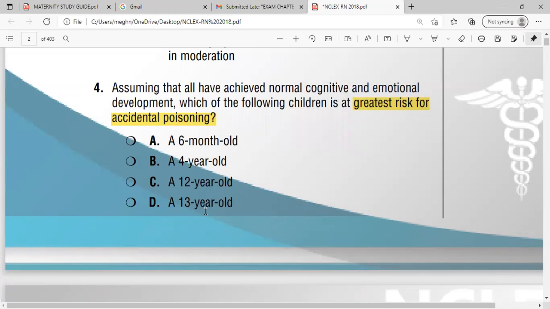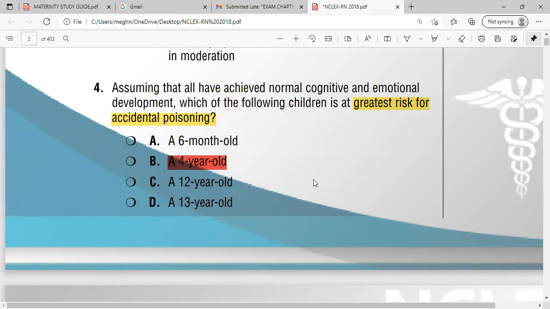Number A, a 6 month old. Number B, a 4 year old. Number C, a 12 year old. Number D, a 13 year old. Which age group is at more risk of accidental poisoning? The correct answer is B, 4 years old.